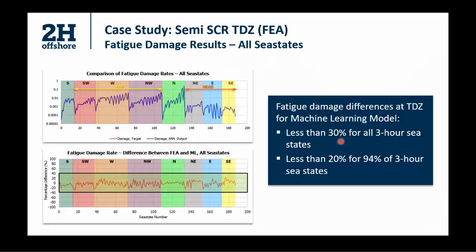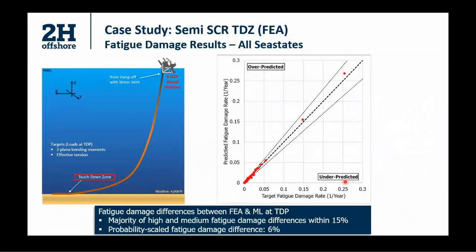What we see here is that less than 30% inaccuracy is seen for all the sea states. And for a good majority of them, which is 94% of the sea states, you have an inaccuracy of less than 20%. This represents a high fidelity machine learning model.